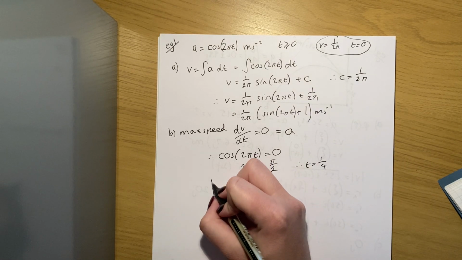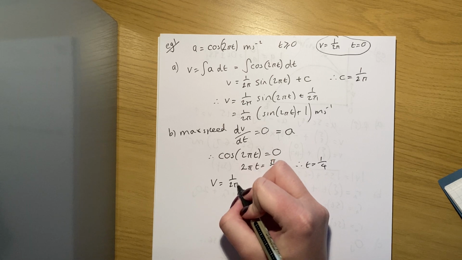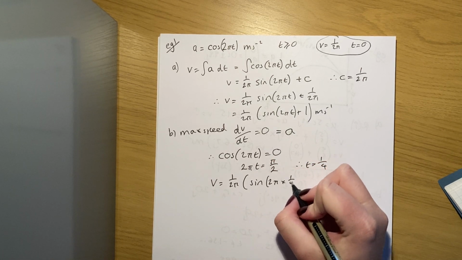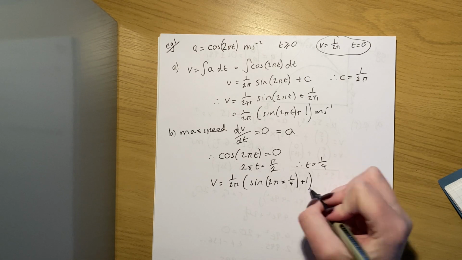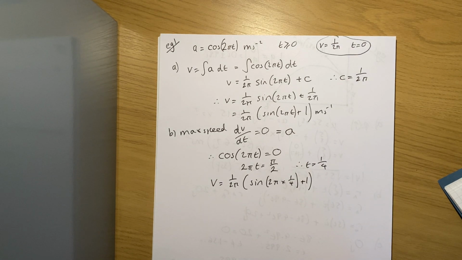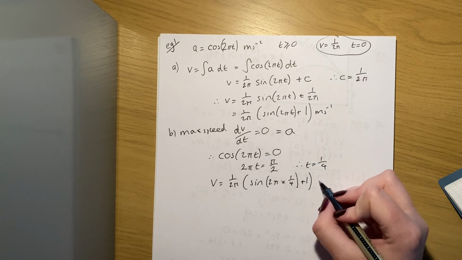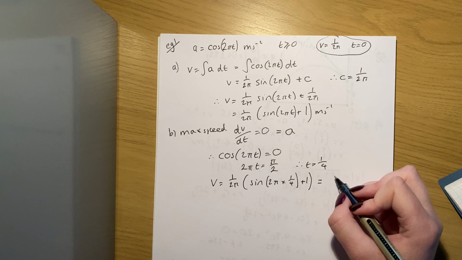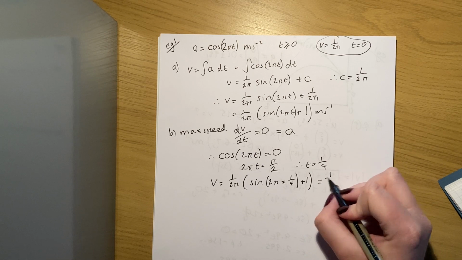I would substitute this into my velocity equation. So velocity is 1 over 2 pi, sine of 2 pi times a quarter, all plus 1. Try that on my calculator. And actually the calculator won't give it to me as an exact answer.